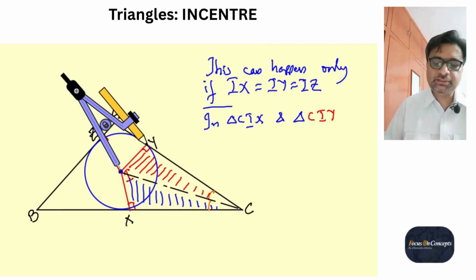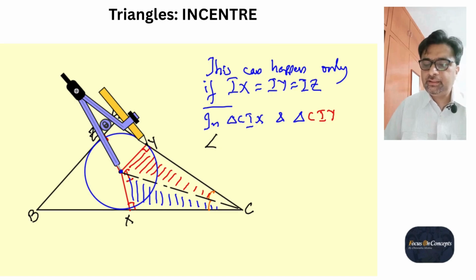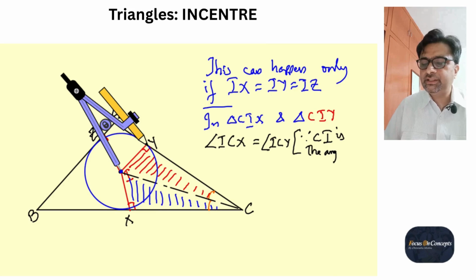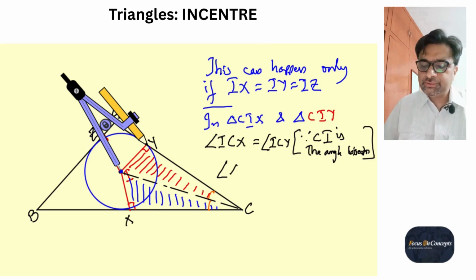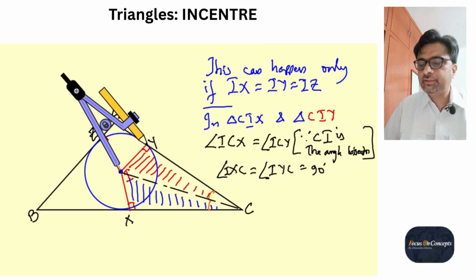So in these two triangles, we see that angle ICX is equal to angle ICY, and that is because CI is the angle bisector of angle C. Also angle IXC is equal to angle IYC because both are 90 degrees.